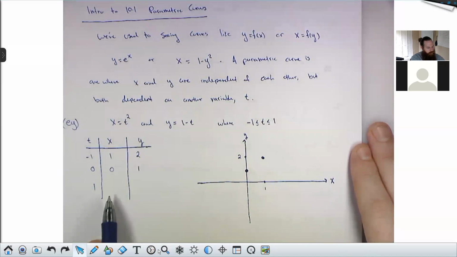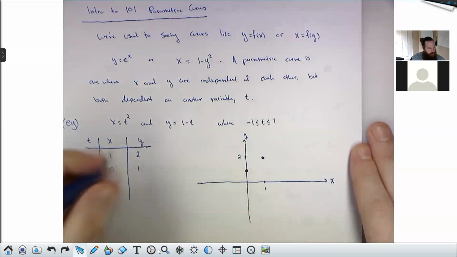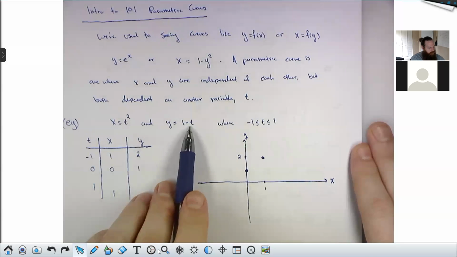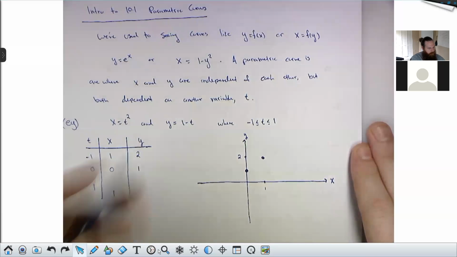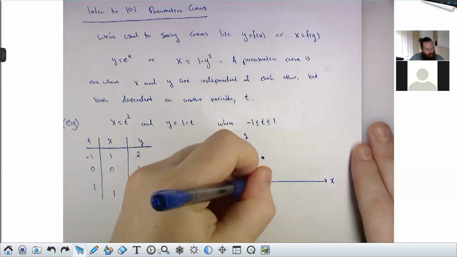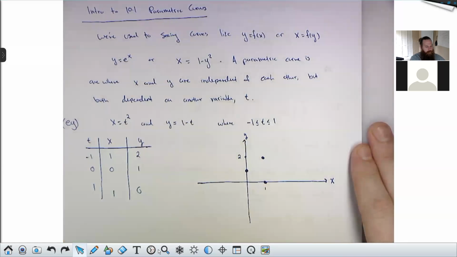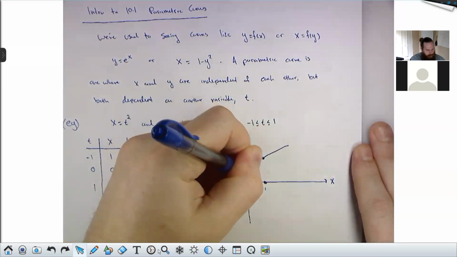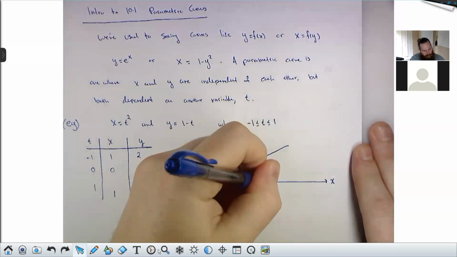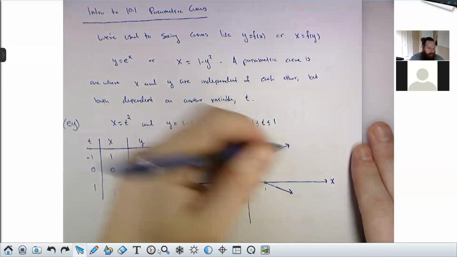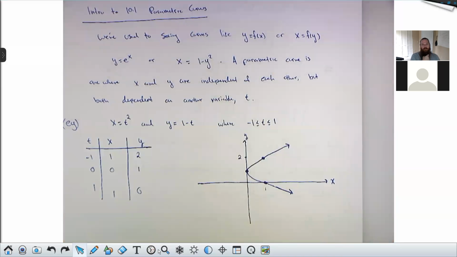And when t is equal to +1, x is equal to t squared, and y is equal to 1 minus t. 1 minus 1 is 0. So that puts me at the point 1, 0. It turns out that this curve is actually a parabola. It's sideways.